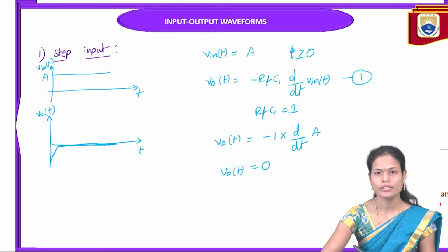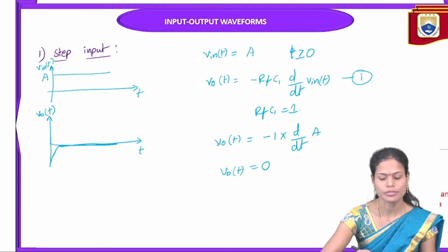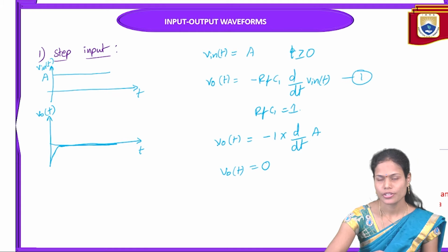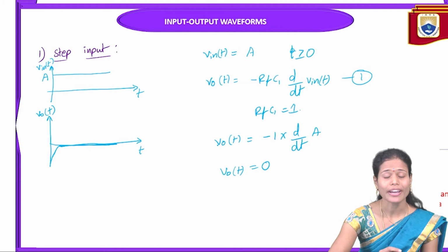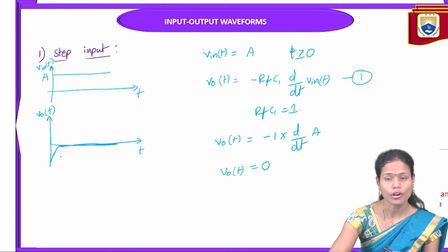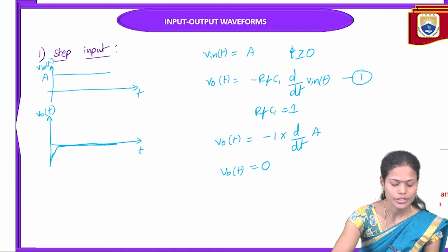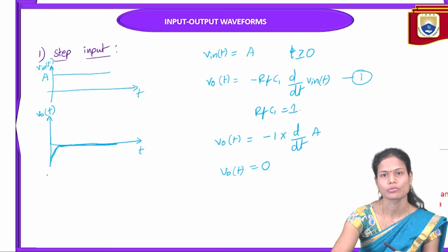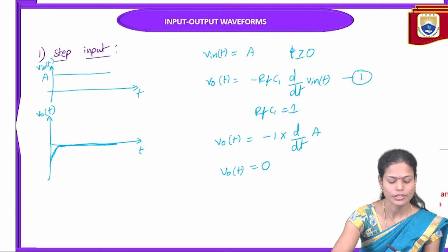Why are we getting the spike and then 0? In a differentiator circuit, the step input takes some finite time to reach from 0 to A. So that's why in the output also it is not going directly to 0. It slowly decreases towards 0, and after that it becomes 0. Because of that reason, we are getting some spike or impulse here.